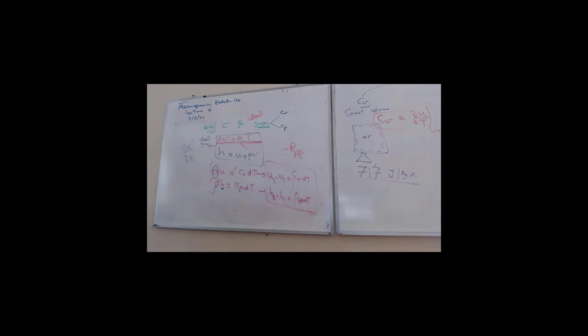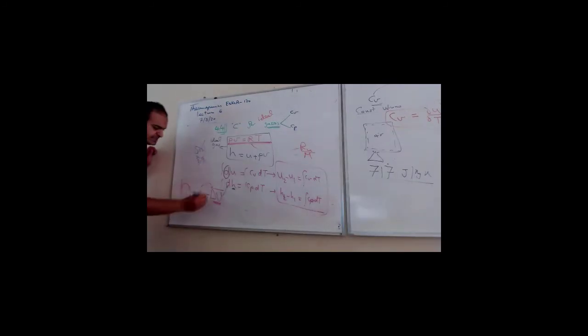Because this is the first law of thermodynamics: Q minus W equals delta U. That's what we want. How much did we pay or how much did we get for this delta U? There was a change in internal energy in a process. We are always interested in delta U, and we are always interested in delta H.